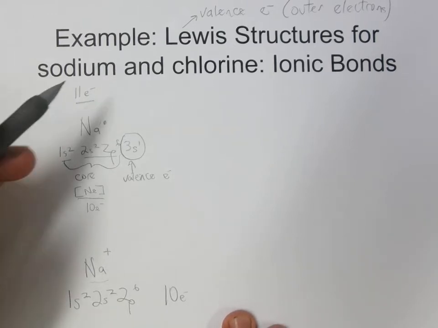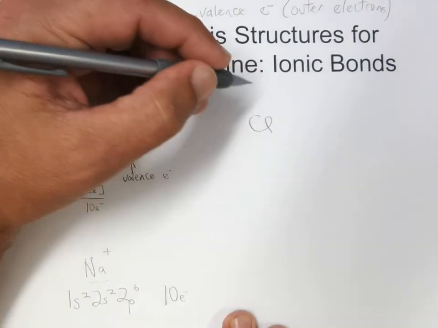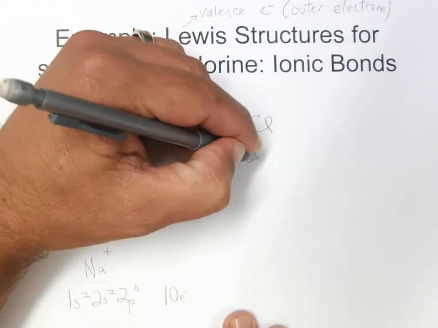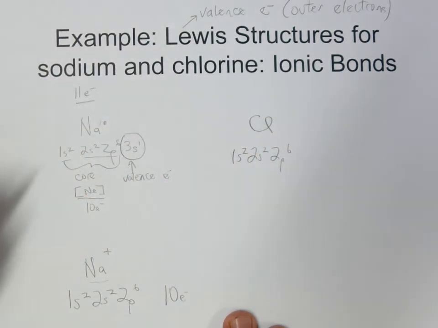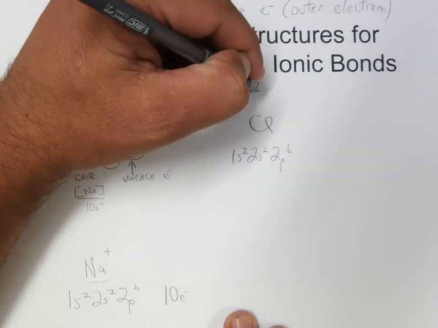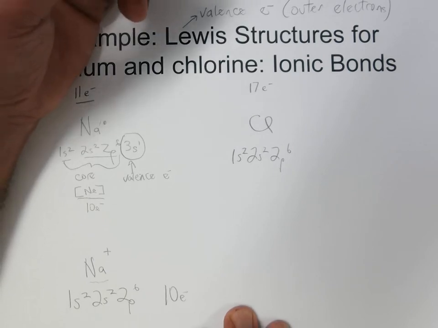Then if we looked at chlorine, how many electrons does a chlorine have? If you're familiar with this, you know 17 electrons for chlorine. You could look that up in the periodic table.